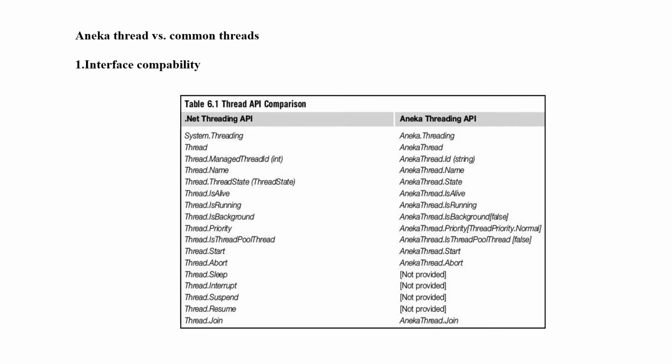Now if you compare the traditional threads with Aneka thread, the Aneka.Threading.AnekaThread class exposes almost the same interface as System.Threading.Thread. So .NET threading APIs are of the class System.Threading.Thread, whereas the Aneka threads will be of the class Aneka.Threading.AnekaThread.